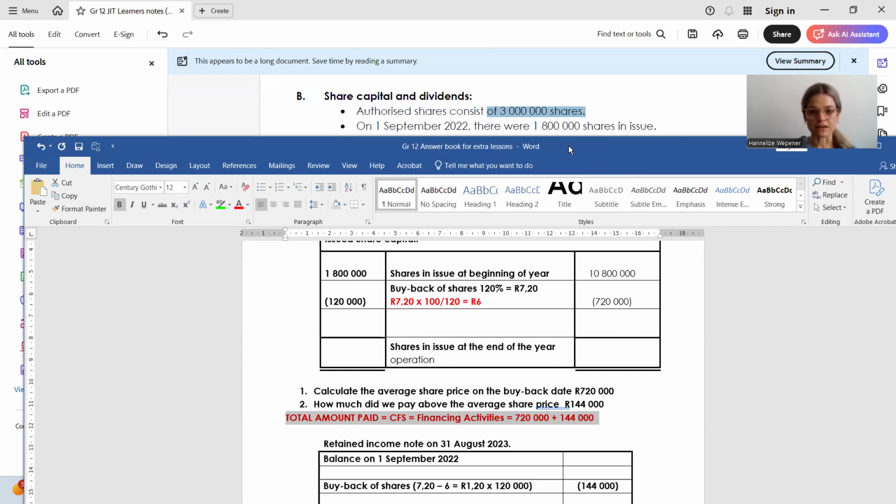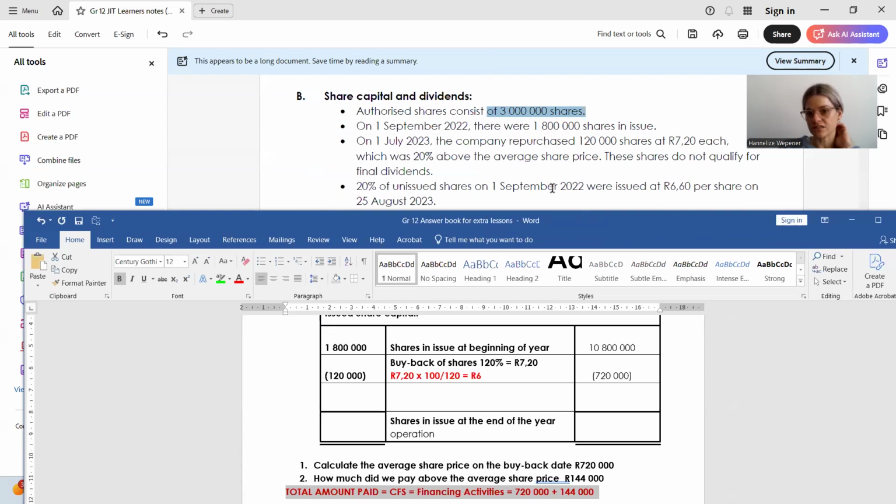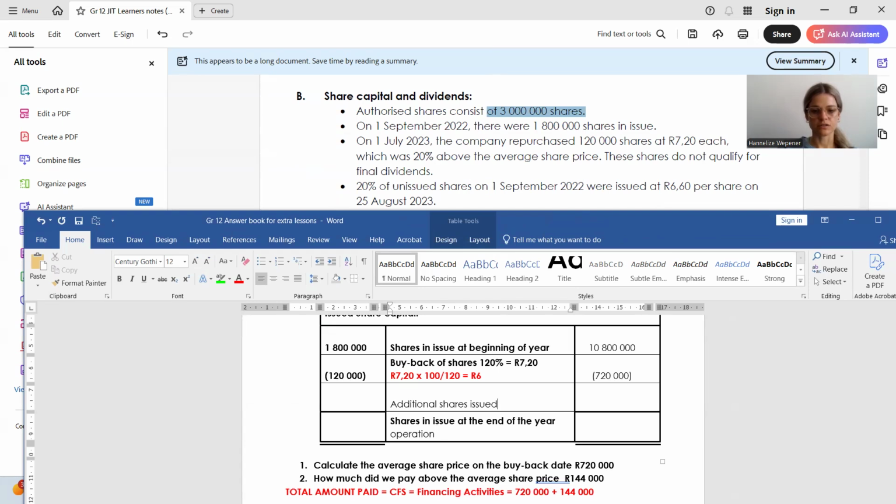So they are now saying that of these unissued shares on day one of the current financial year, we have now issued 20% of those shares at 6.60 Rand each. So additional shares issued, and then I like to add the amount there at 6.60 Rand.